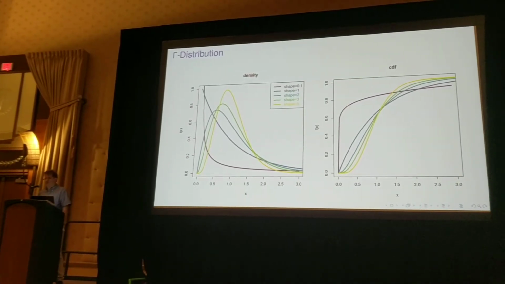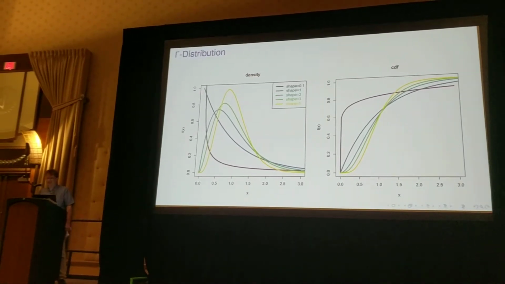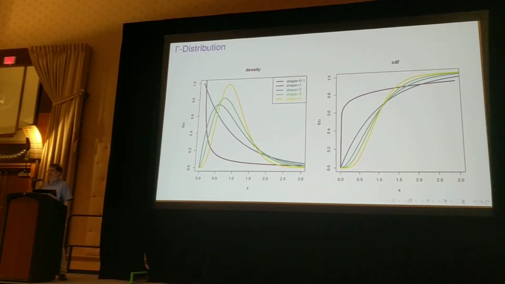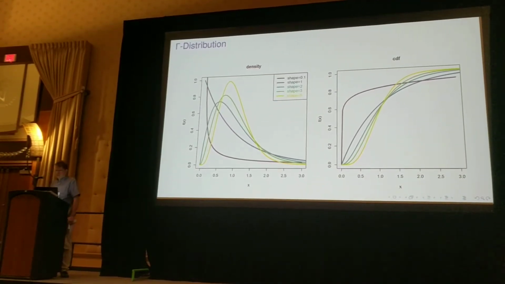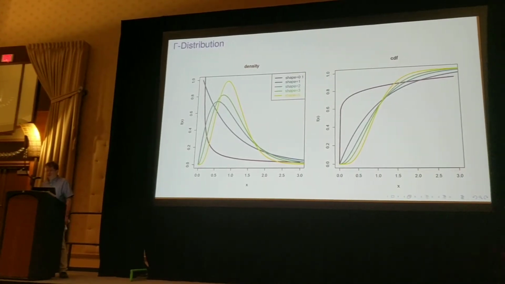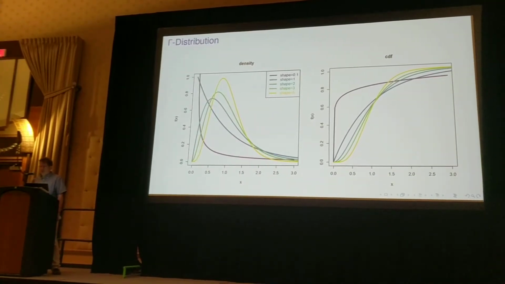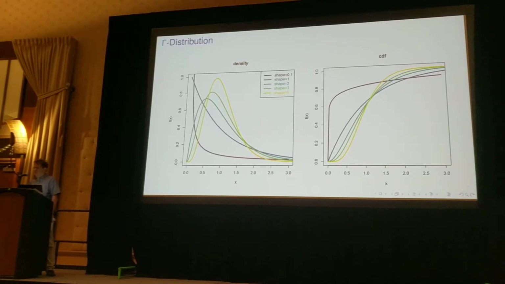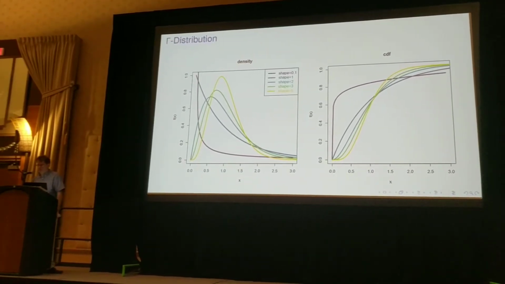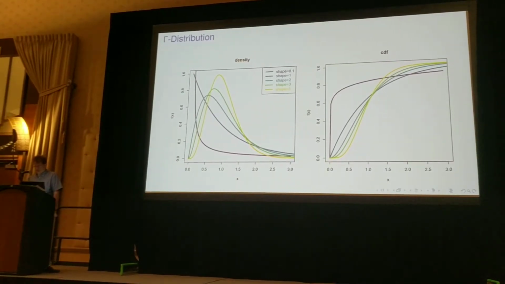If we have a shape parameter of 1, then it's an exponential distribution, and if we have a pretty low shape parameter, then all the mass goes towards 0. I not only plotted the density, but also the cumulative distribution function, because when we look into the discretized versions, this seems to make it easier to compare different shapes.